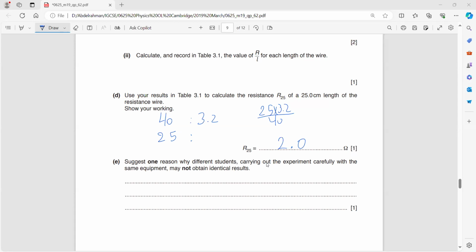How would they not take the readings accurately? They wouldn't have been able to measure the readings on the wire very accurately because there was a problem with the crocodile clips or whatever.